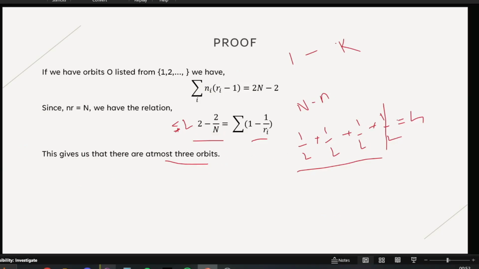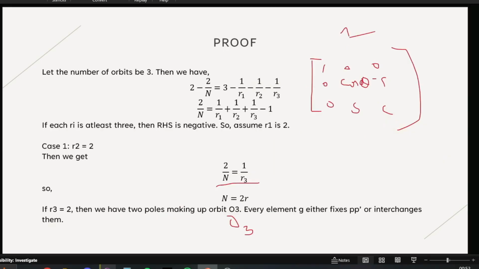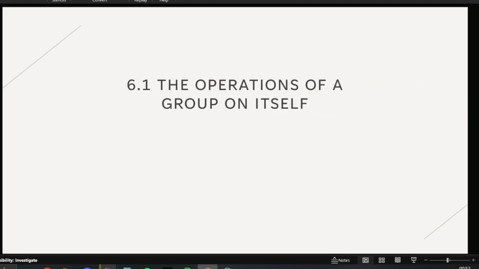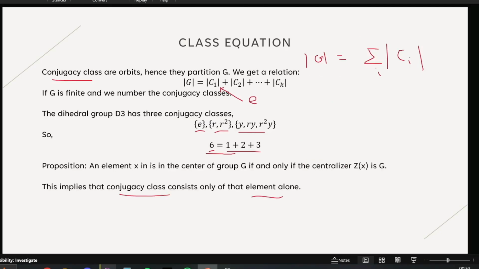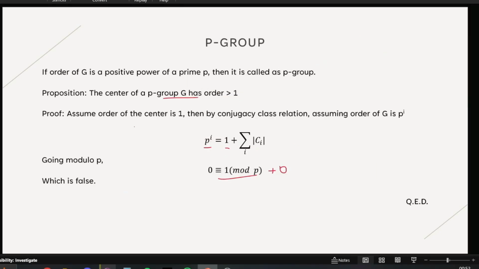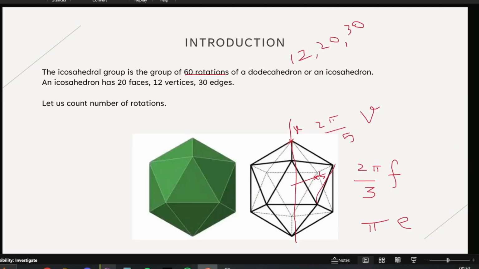Then we went case by case to establish all 5 classifications. Next we looked at Cayley's theorem, and then the class equation, another important concept. We then looked at p-groups, and finally we looked at the class equation of the icosahedral group.